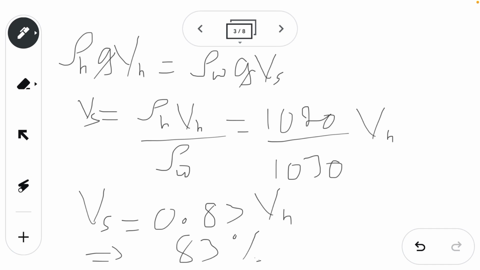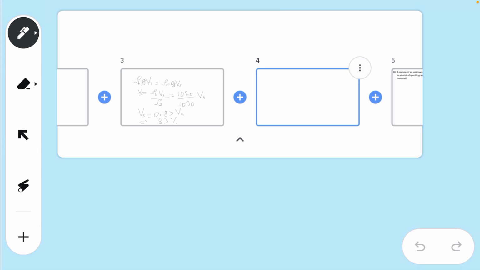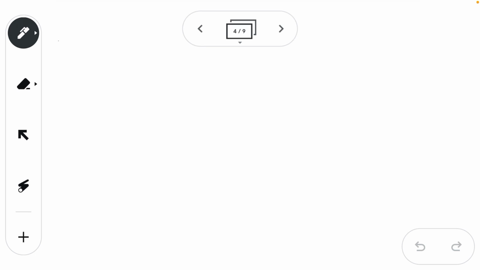Now we need to find the amount of the volume which is above the surface. We simply subtract that from 100, so the volume above the surface is 100% minus 83%.